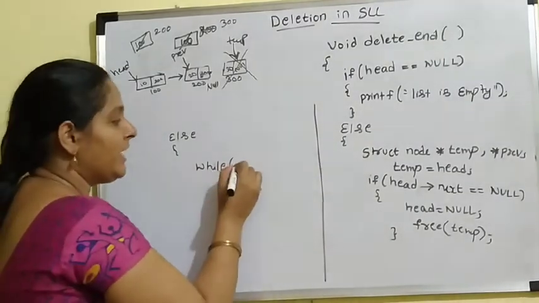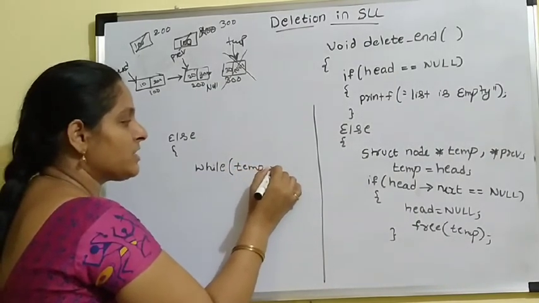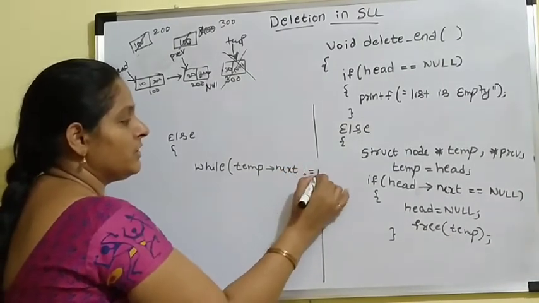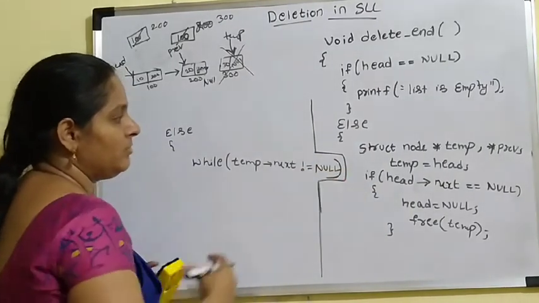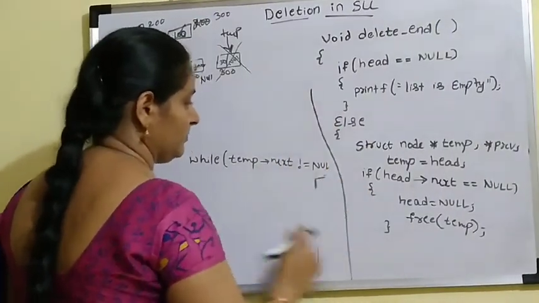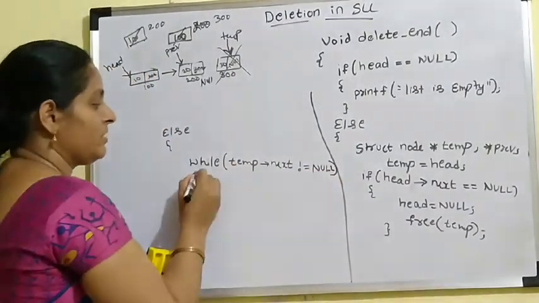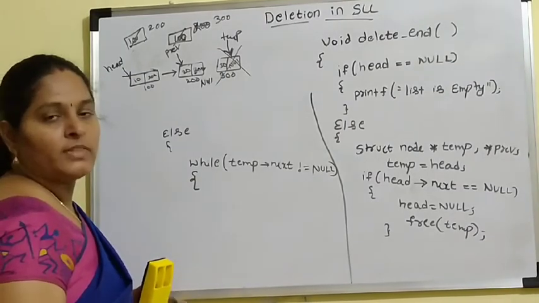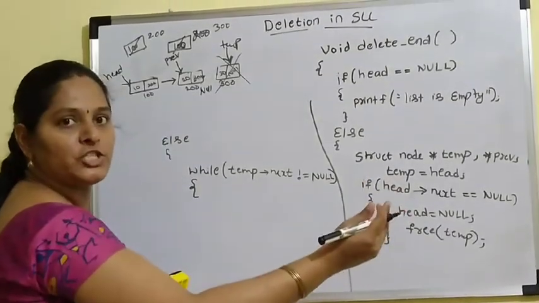Here we are comparing with the temp. If temp next not equal to null, that indicates that temp is not the last node. If temp is not the last node, what we need to do? We need to move the temp pointer to the next location.